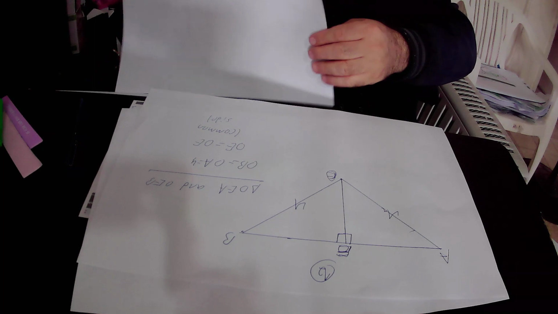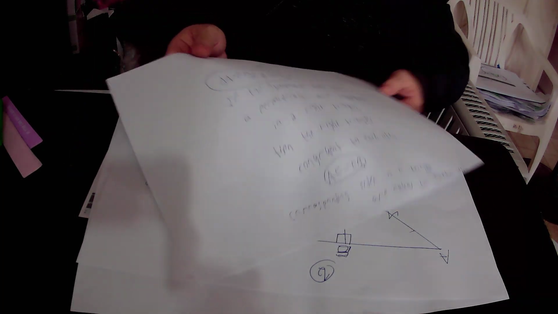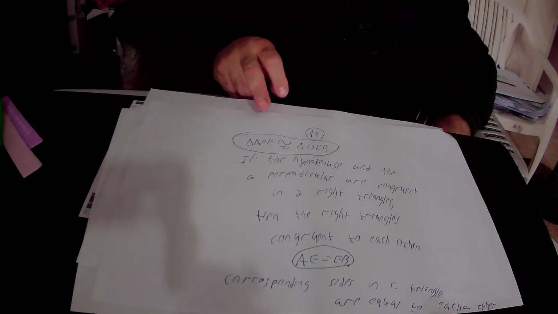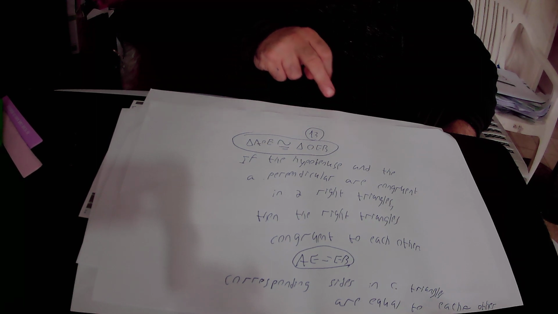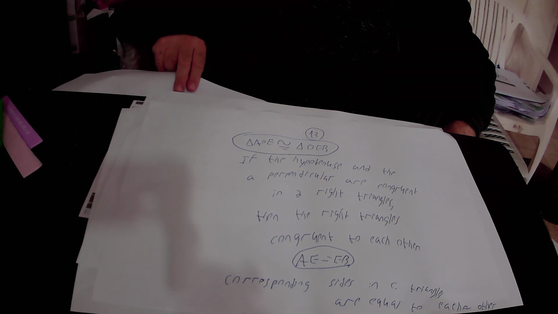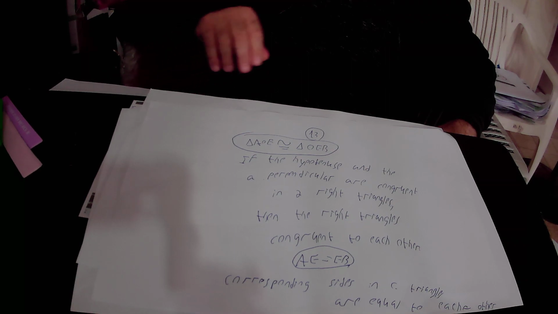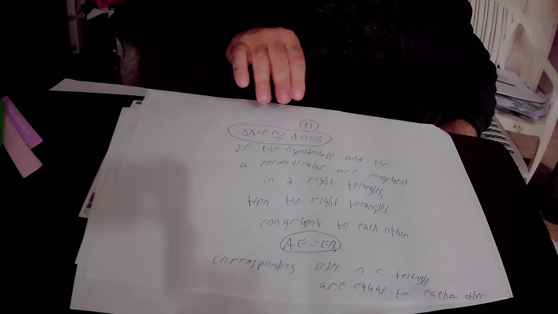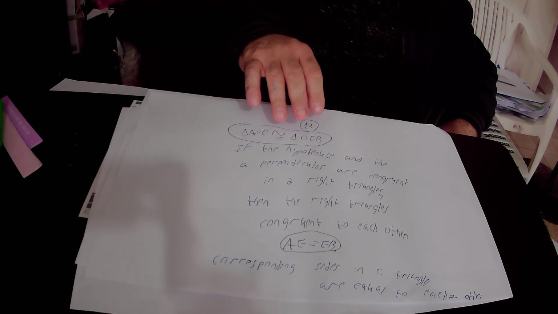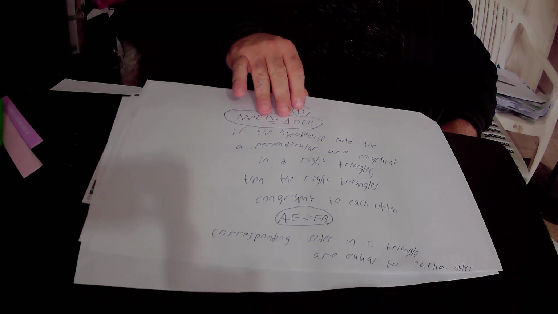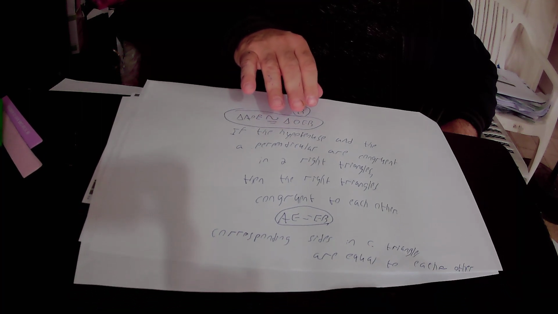according to the rule that triangle AOE can go into triangle OEB, if the hypotenuse and a perpendicular are equal in two right triangles, then the right triangles can go into each other.